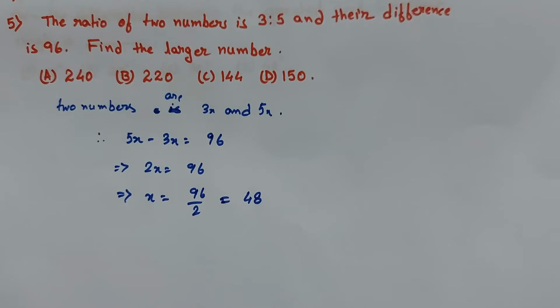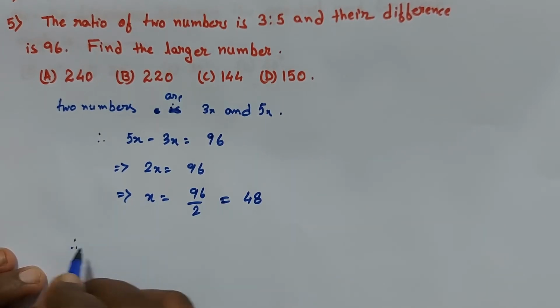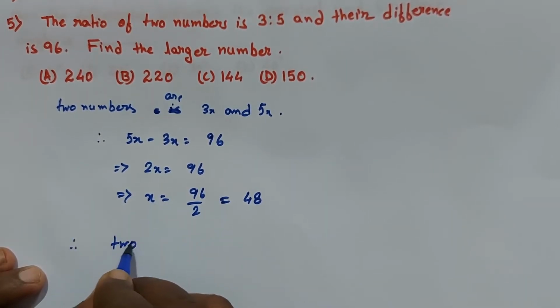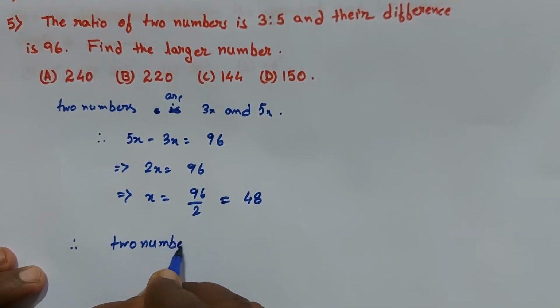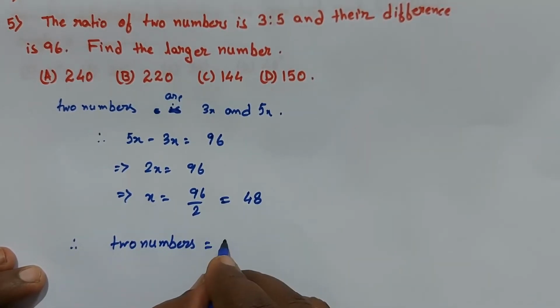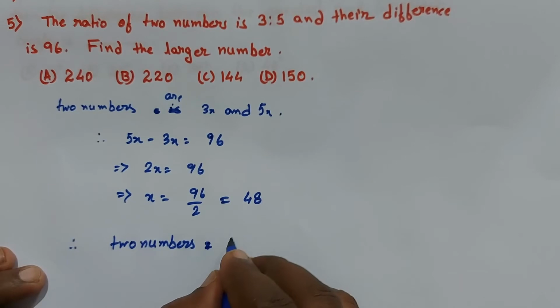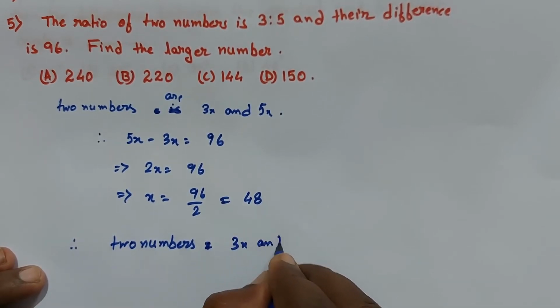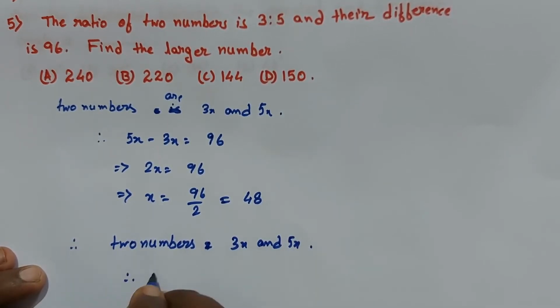Now we need to find out the numbers. So the two numbers are 3x and 5x. So 3x equals 3 into 48, that equals 144.